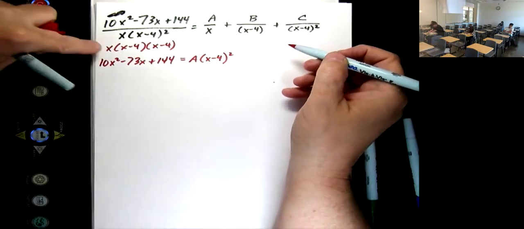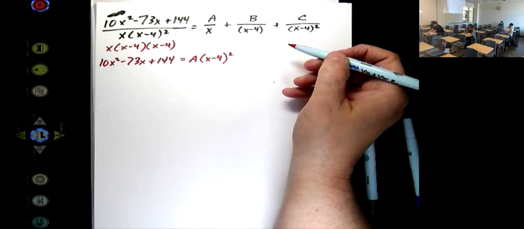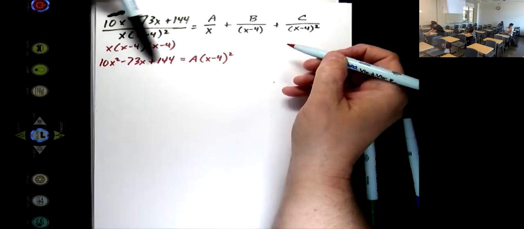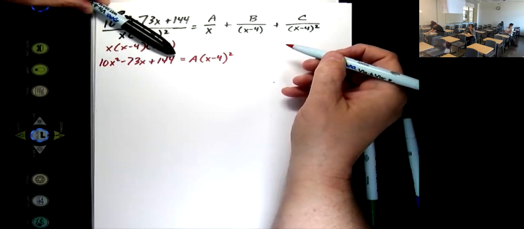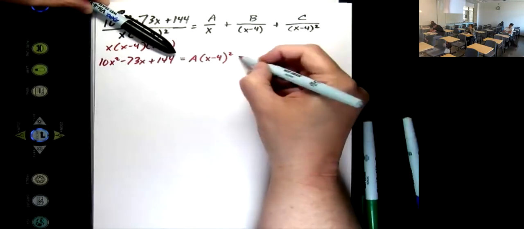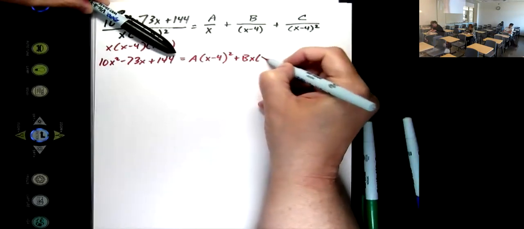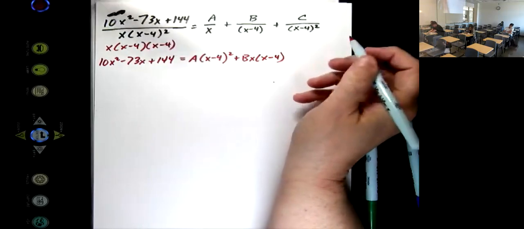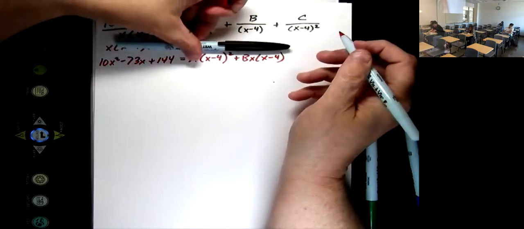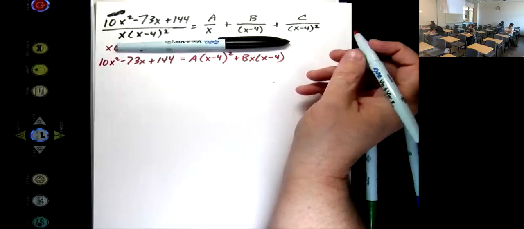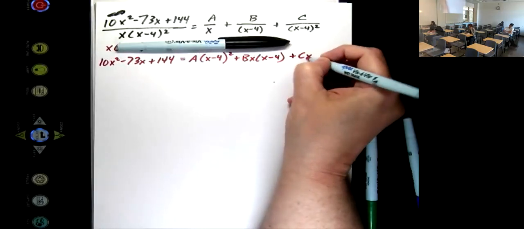The b has one of the x minus 4s, so it's left with x times (x minus 4). And the c has 2 of the x minus 4s already, so it's just left with an x.